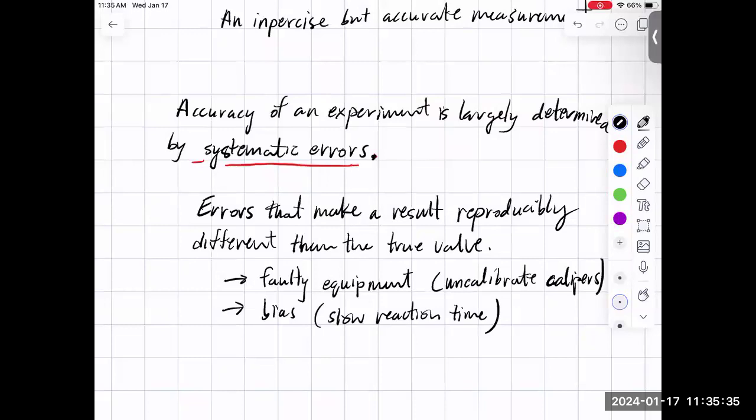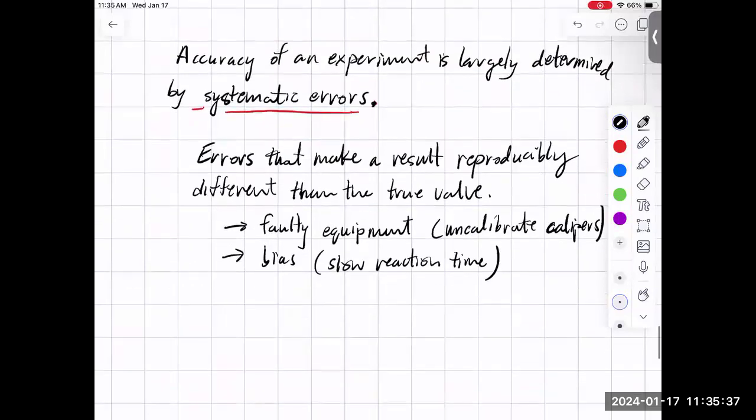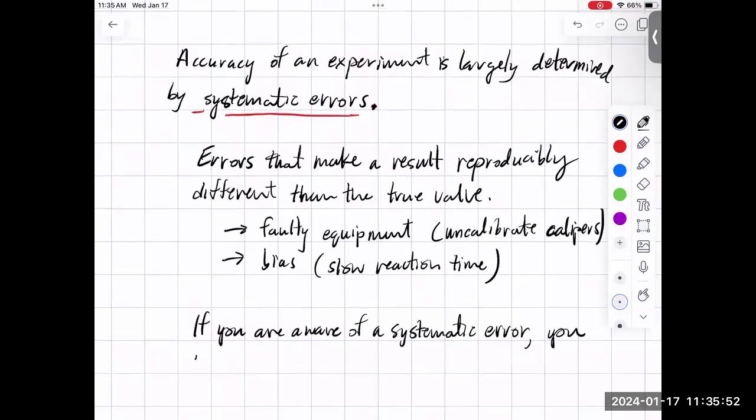Okay, so if you are aware of a systematic error, you would correct for it. For the calipers, when you find out that it's not zeroed properly, you don't have to redo all your measurements. You just subtract off the 0.006 from all of your other measurements.